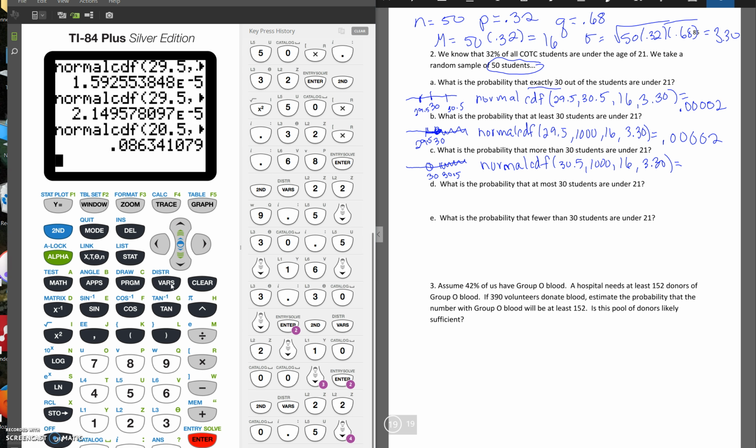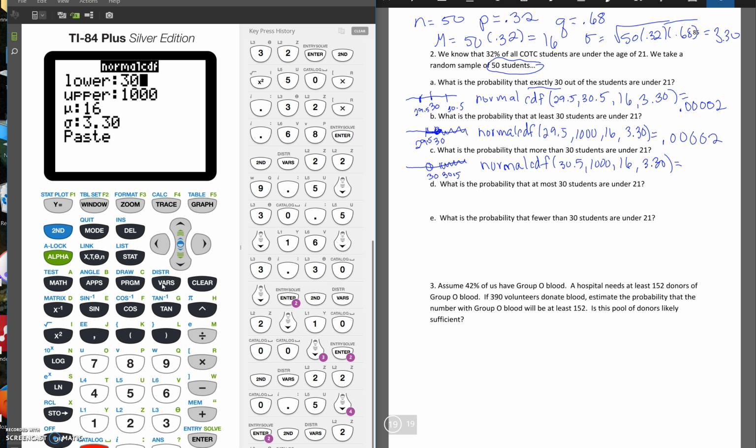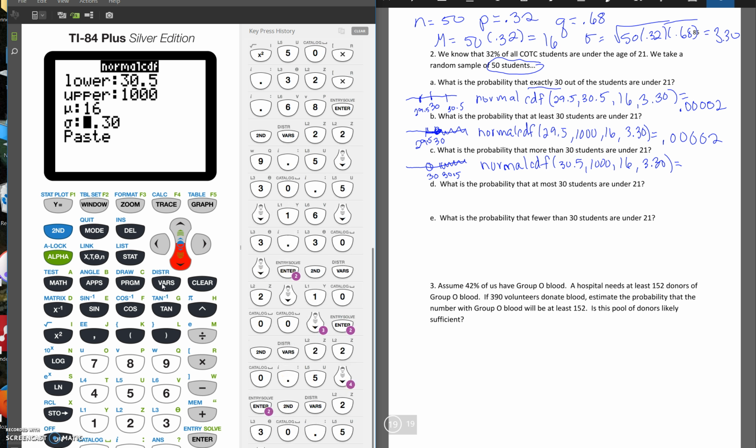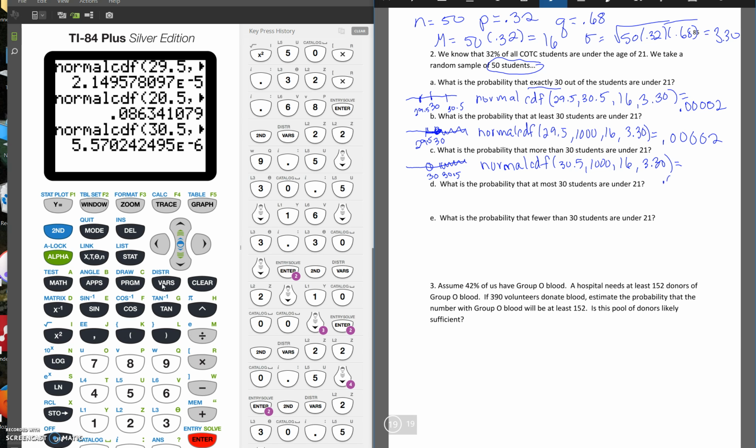Oops, I put 20.5 instead of 30.5. So let's change it. Again, scientific notation, we're going to move the decimal point 6 places. So 0.0000006.